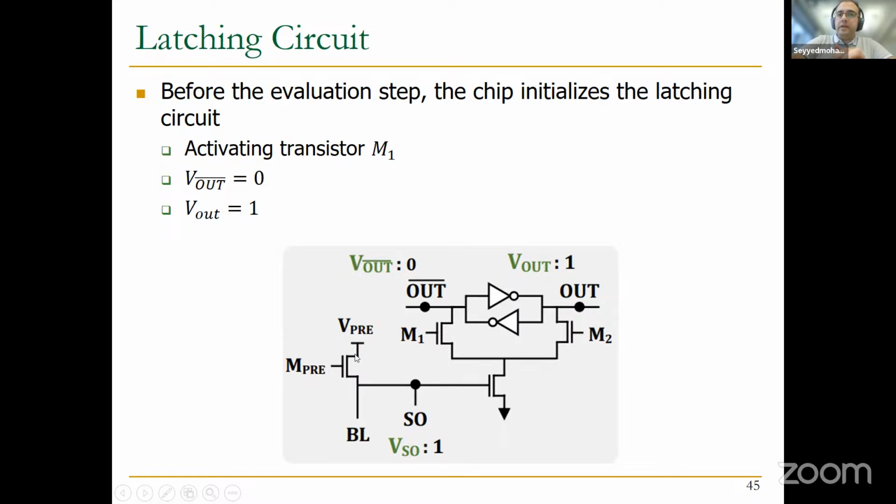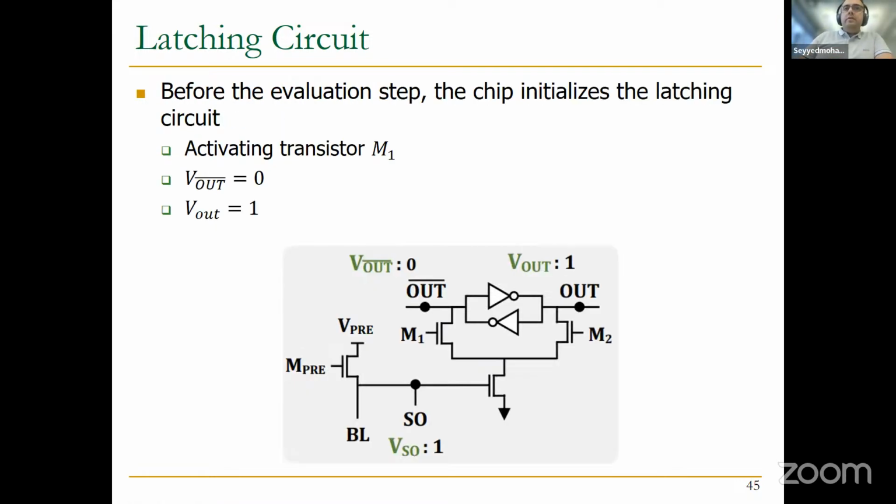Since V pre is stored in these capacitors and is high enough, this transistor is also going to be on, because you are applying the high voltage to its gate. And when you also activate transistor M1, essentially you are connecting this node to the ground. As a result, V out bar is going to be 0. And because of this back-to-back NOT, V out is going to be 1. So this is the initialization step for the latching circuitry.